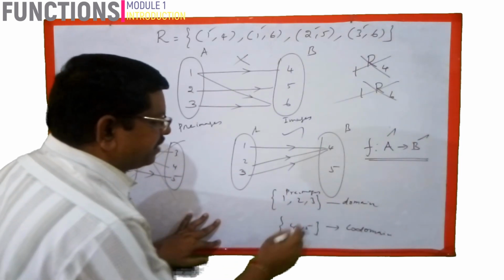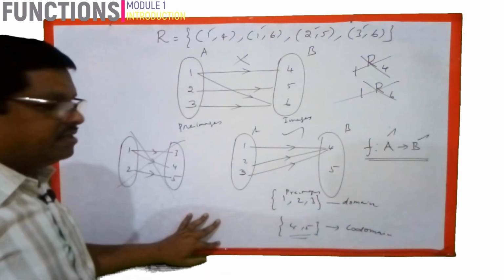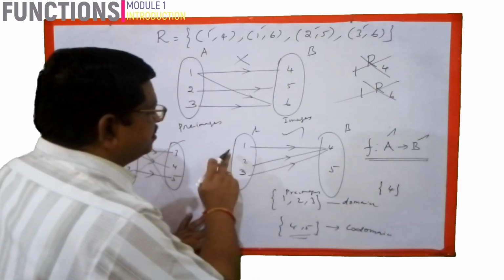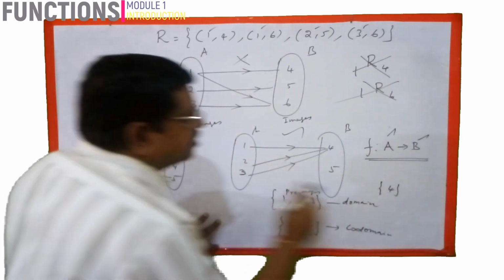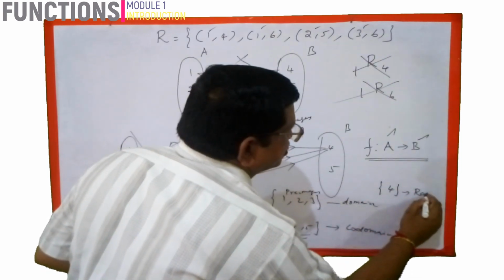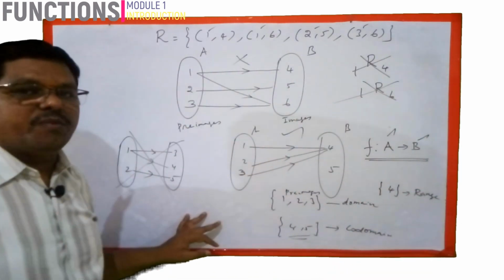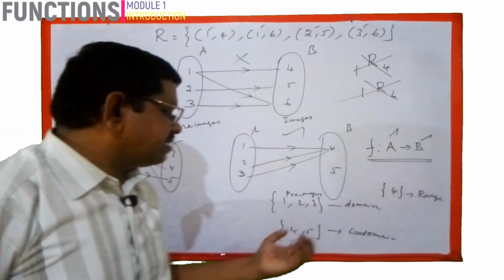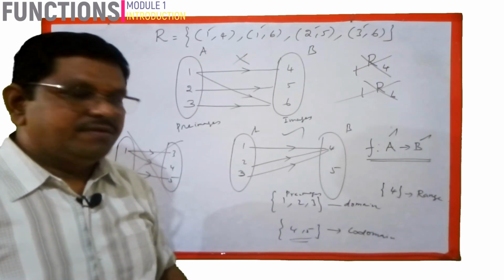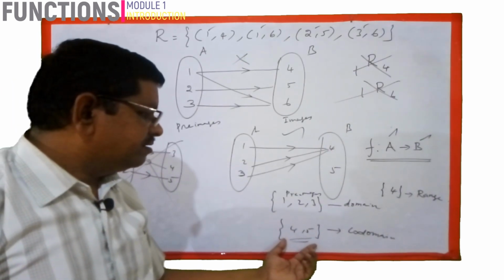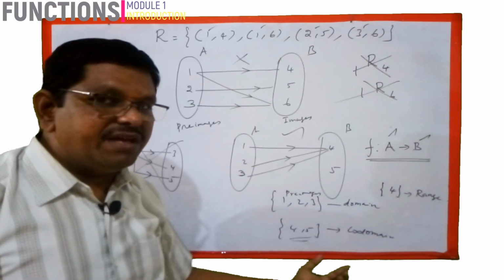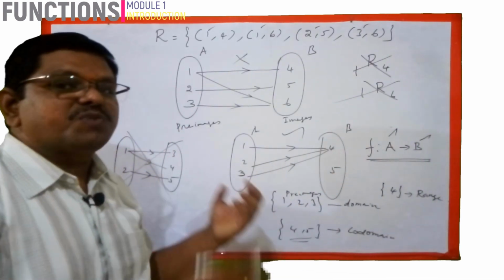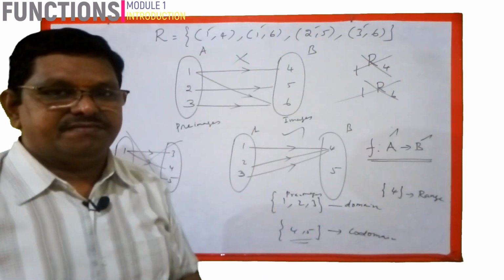Check it, 4 and 5 are the elements present in the codomain, whereas only element 4 has a relation with the elements present in set A. So this is called the range. Range and codomain are different, but range is a subset of codomain. Whatever elements are present in the codomain are present in set B, and the range has elements which are present in that same codomain itself.